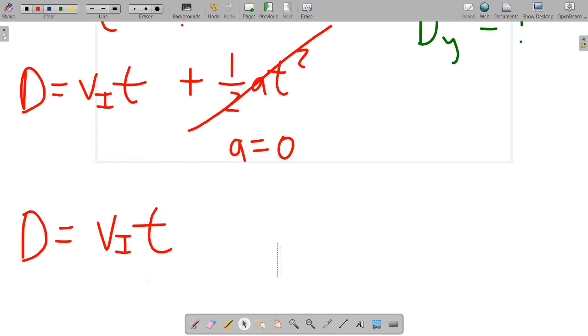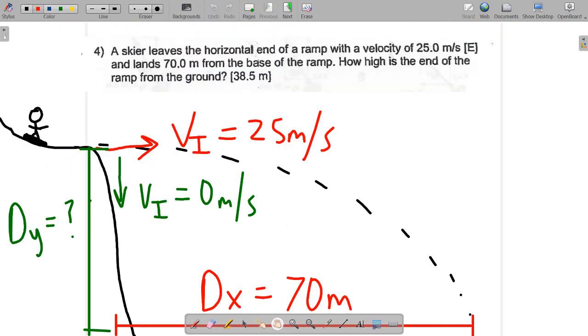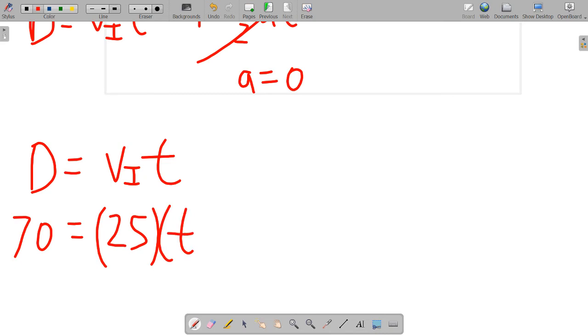Now, let us plug in what we know. We're given the distance traveled in the x direction, it was 70 meters, and we're also given the initial velocity in the x direction, 25 meters per second. So let's plug those in. The initial velocity is 25. The distance in x is 70. Now we want to solve for t. We want to get t by itself. How do we solve for t? Well, it's easy. All we need to do is just divide.